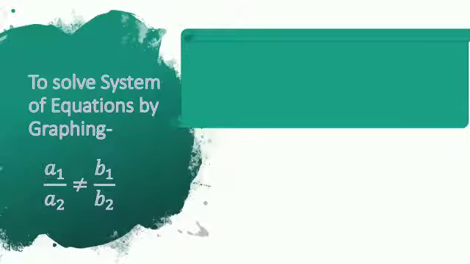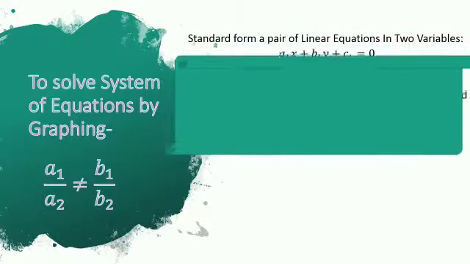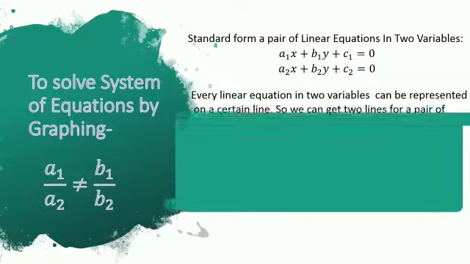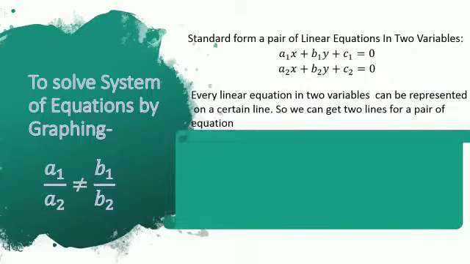To solve a system of equations by graphing where a1 by a2 is not equal to b1 by b2. We all know that the standard form of linear equations in two variables is a1x plus b1y plus c1 is equal to 0, a2x plus b2y plus c2 is equal to 0.